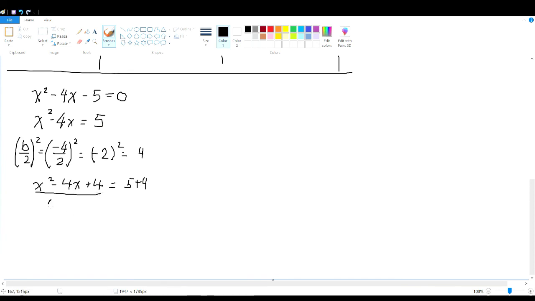Now, the factor of this one will be x minus 2. Kung napapansin nyo, ito yung pagbabasehan nyo lagi. Kung ano yung ilalagay nyo dito. Kung negative to, negative dapat to. X minus 2 square.